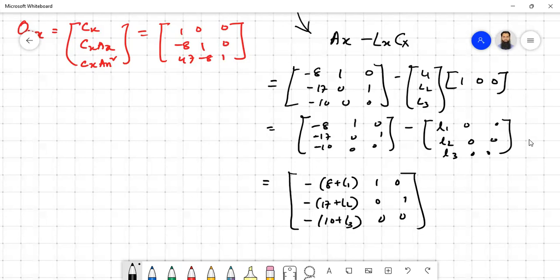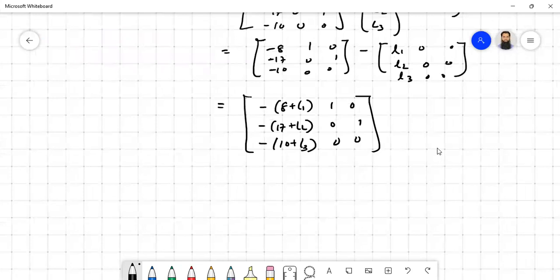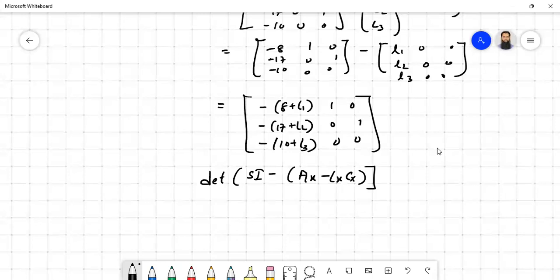Now for our characteristic polynomial, you can go for the determinant of SI minus AX minus LX CX. This is one way, or directly, since you know how to represent the characteristic equation just by looking at the left companion matrix, the characteristic polynomial has been represented on the left side.